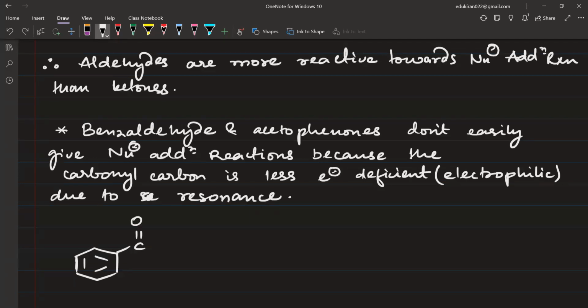No matter whether it is benzaldehyde or acetophenone or any other thing, you have C double bond O and some group here. You don't need to worry about that particular group. But what happens here is, this bond moves here and this pi bond moves towards the oxygen atom, giving you a structure like this, with a positive charge, a double bond with the carbon atom, and then a single bond with oxygen negative. And this group is as it is, whatever that group is, hydrogen or any alkyl group.